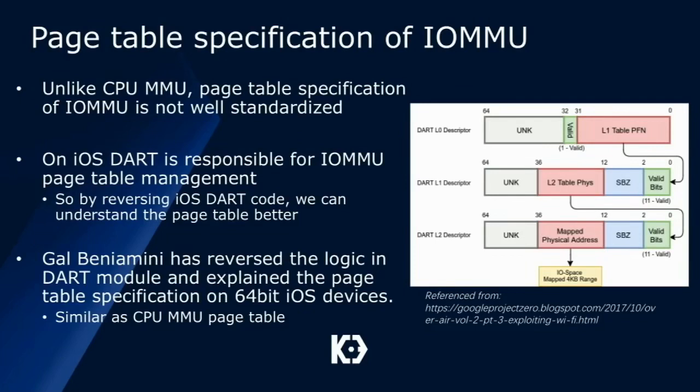So you have to reverse the iOS startup code to find out the specification, and we did that also. Coincidentally, Google Project Zero also did similar work, and here I just post a picture written by him on the right side. You can see that it has a very similar specification to the CPU MMU.